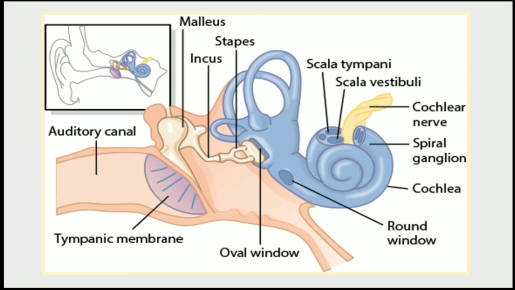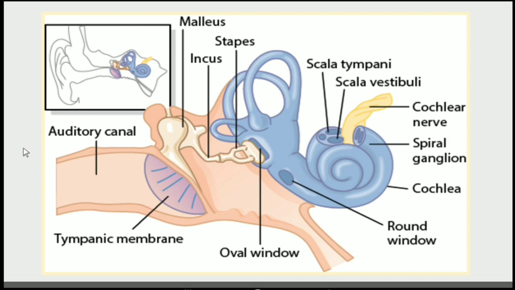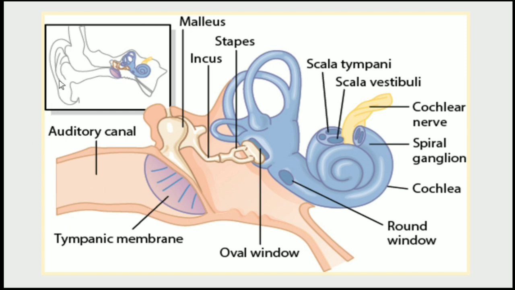In my previous lecture, I discussed the external ear and middle ear. I discussed the structure of the external ear, which includes the ear pinna, external auditory meatus, and tympanic membrane.